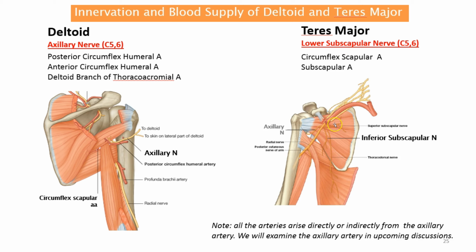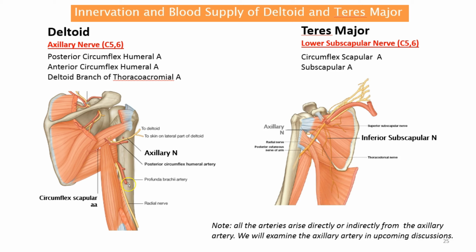So recall that we had the upper subscapular nerve innervating subscapularis. We had the lower subscapular nerve innervating subscapularis as well, but it also continues down to innervate the teres major muscle. Remember that the middle subscapular nerve is also called the thoracodorsal nerve and innervates the latissimus dorsi muscle here.